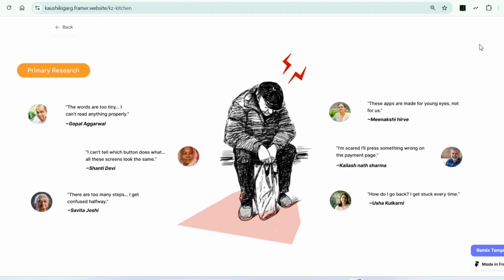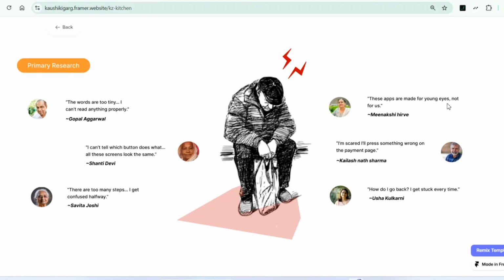The navigation was too difficult for them, and also during payment, they were not sure if they could do the payment and if frauds could happen with them. All these issues came up from the primary research.